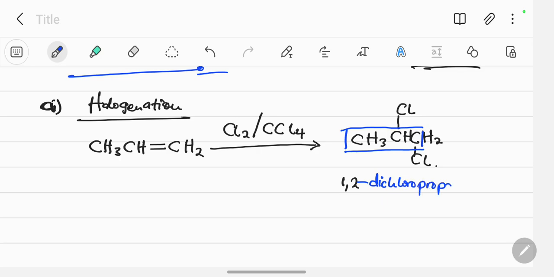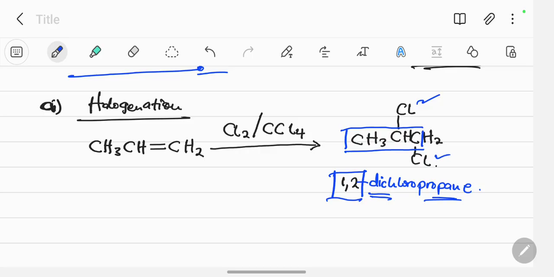Dichloro because the chlorine atoms are 2. And this 1, 2 is the position of these 2 chlorine atoms.